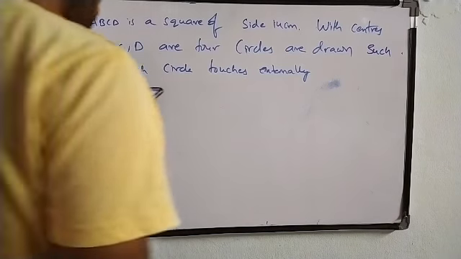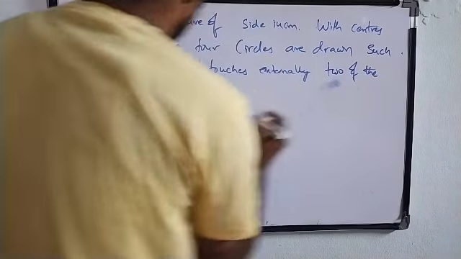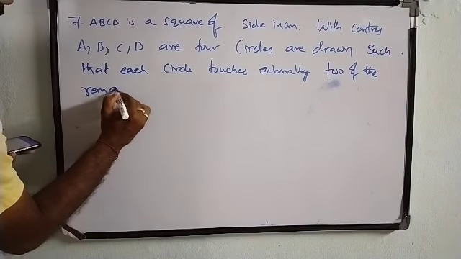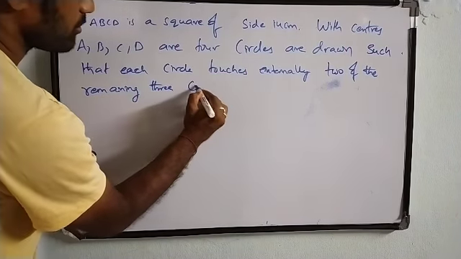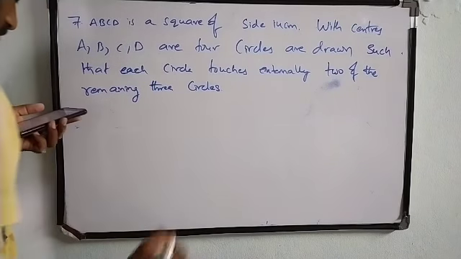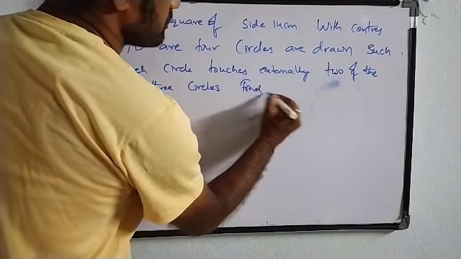two of the remaining 3 circles. Find the area of the shaded region.